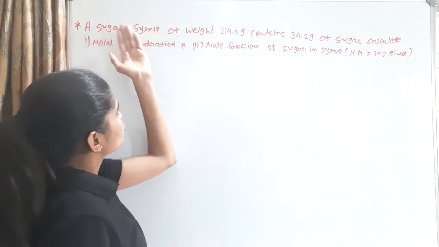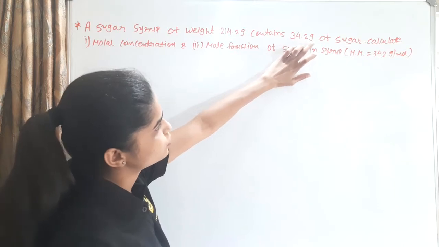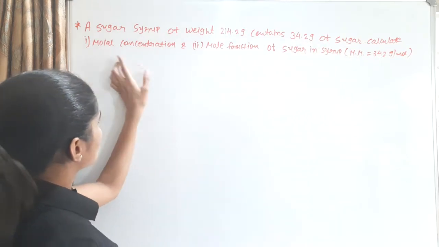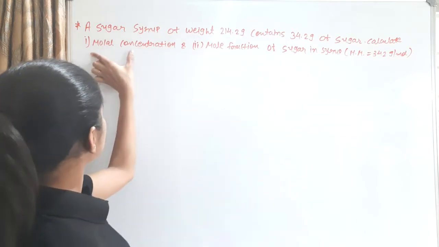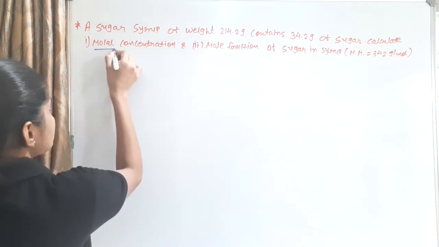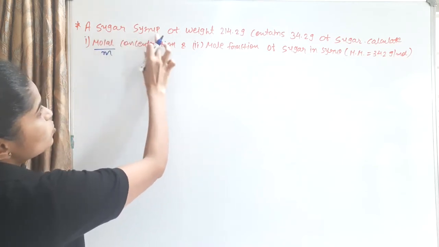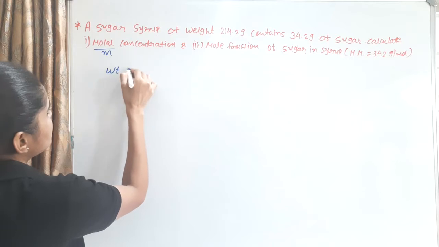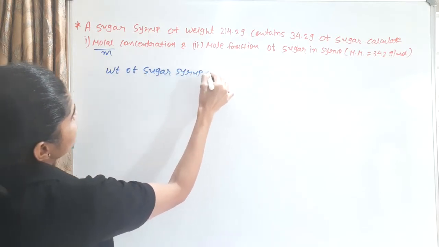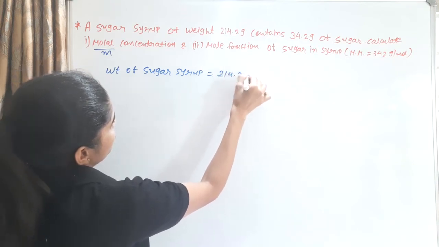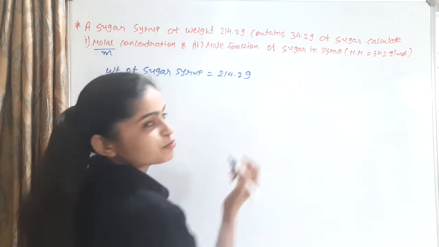It gives the molality. Next: a sugar syrup of weight 214.2 gram contains 34.2 gram of sugar. Calculate molal concentration and mole fraction of sugar in syrup. The molal concentration means molality, denoted by m. Given data: weight of sugar syrup is 214.2 gram, which contains 34.2 gram of sugar.